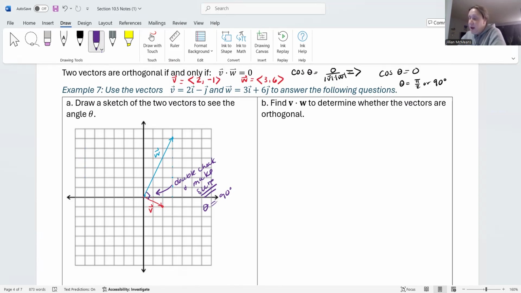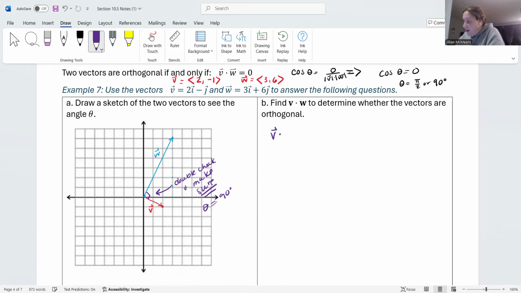So be careful. Now for part B, it says find v dot w to determine whether the vectors are orthogonal. Remember, when you find a dot product, you take the a components and multiply them, take the b components and multiply them, and then add.